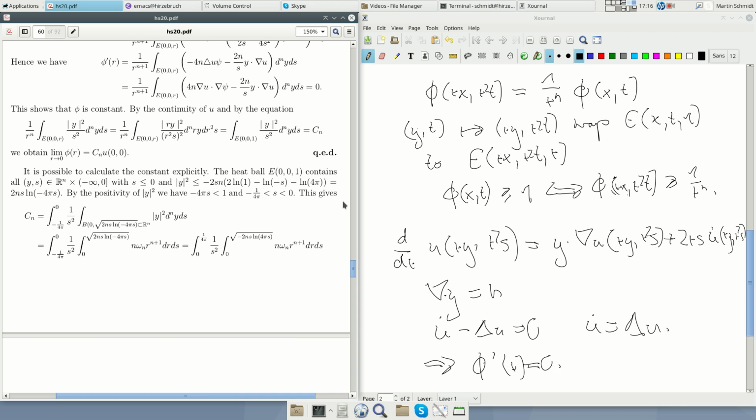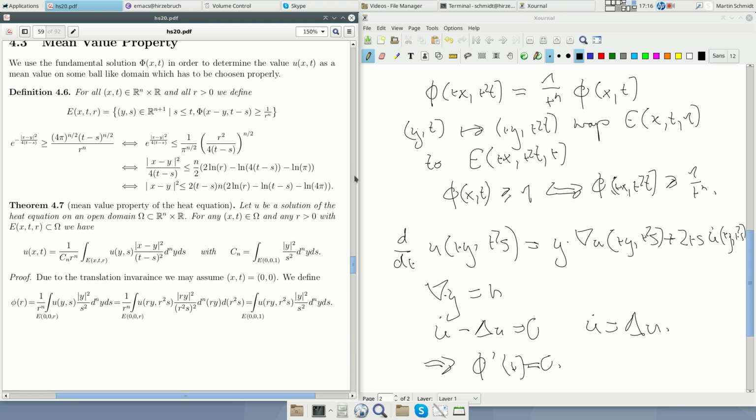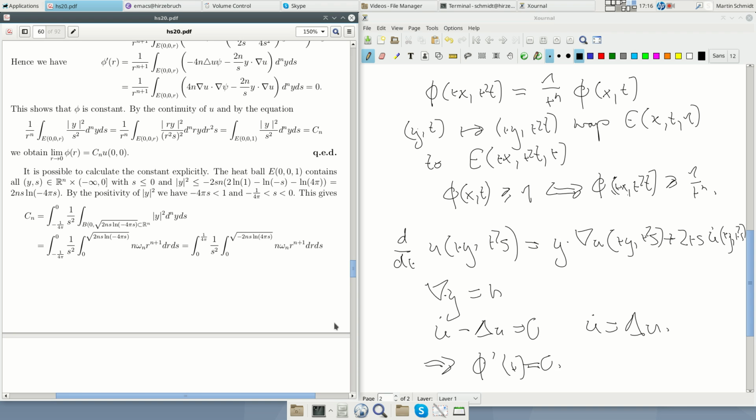Now, of course, by definition, this ball here for t equals 0, s is non-positive, and we omit the part where s is 0, so we get this. Now we insert this, so this means we have to integrate y squared over, and here 1 over s squared, and then we integrate y squared over this ball.